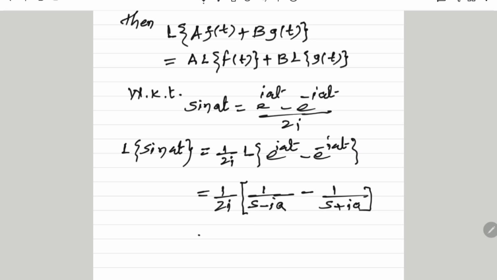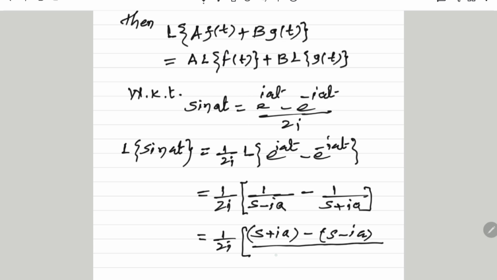It is equals to 1 by 2i as it is, no change. Cross multiplying it, we get s plus ia minus s minus ia, and whole divided by a product of a plus b into a minus b.